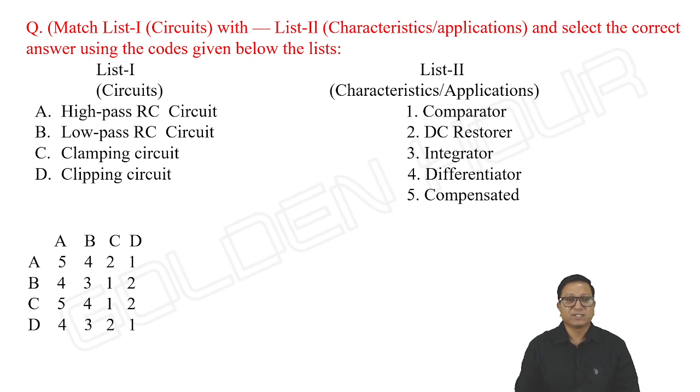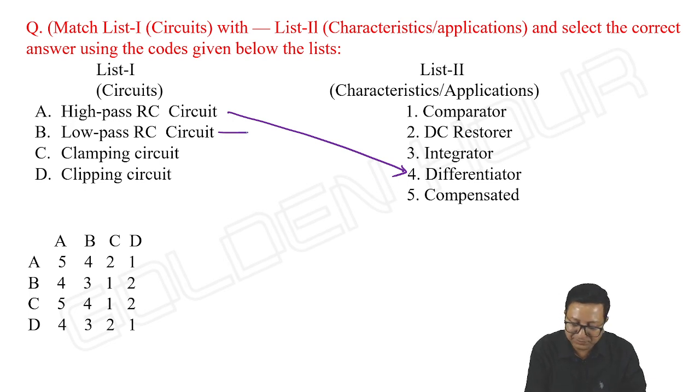And see this question. Match list 1 circuits with list 2 characteristics or applications and select the correct answer using the code given below the lists. High pass circuit acts as a differentiator, we know. Low pass circuit acts as an integrator, high pass circuit acts as a differentiator. Low pass circuit, integrator.